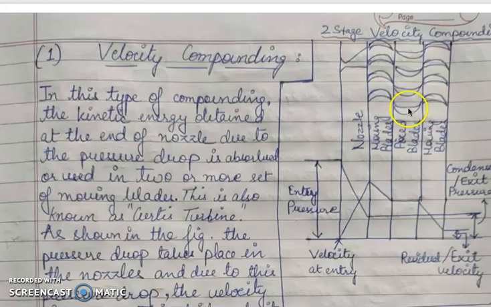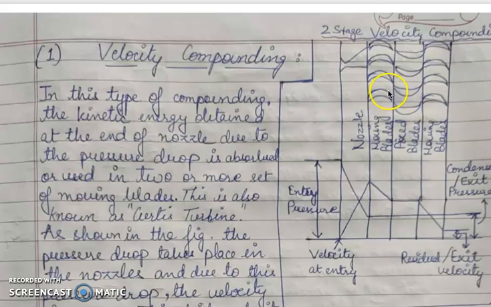Why does the direction of steam need to be changed? Because the moving blades are mounted in this direction, so the steam will flow like this and then it will come like this. But when we have to make the steam strike the next set of moving blades, it is again expected to strike in this direction, but the direction is this one.